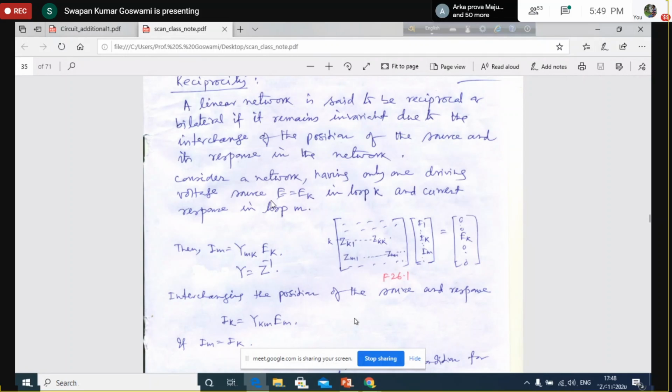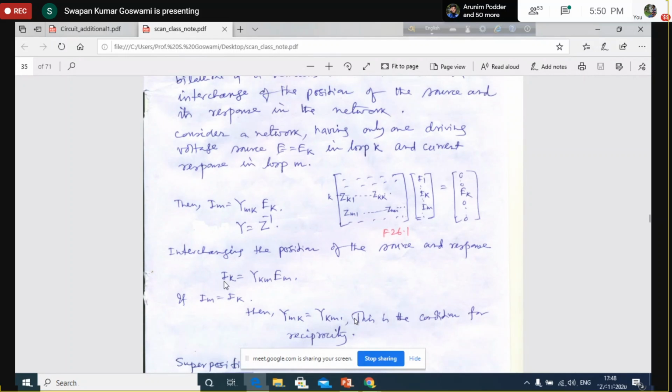Say the source value is made equal to E in both cases: EK is made equal to E, EM also is made equal to E. If this is true, you can say that IM also will be equal to IK. So the reciprocity theorem says that IM will be equal to IK if the network is linear and bilateral. That means if the network is reciprocal, IM will be equal to IK.